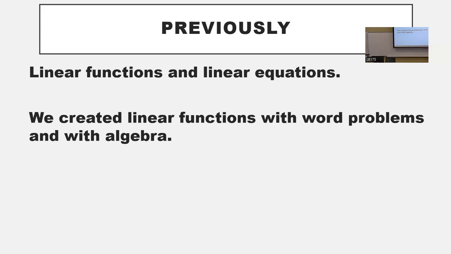But we created the line with the use of algebra. We said, oh, the 2 points are points on the line, so let's create the line. Or we created a line based on what we knew about the slope and the y-intercept. And so we were just using the same types of algebraic techniques we used in 2.1 and 2.2. Okay.